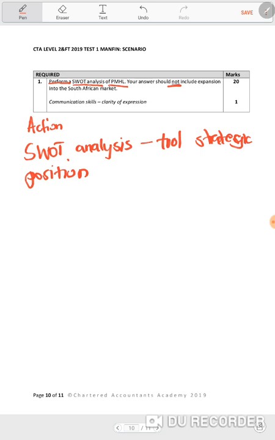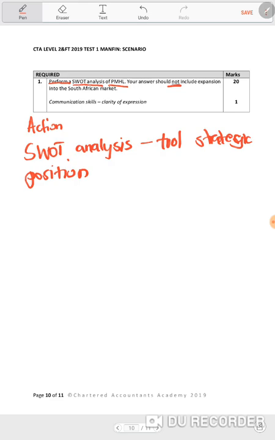So by not, it means the specific section where there's information on expansion into the South African market is scoped out in your SWOT analysis. Communication skills, that is clarity of expression, was limited to 1 mark, giving you a grand total of 21 marks.